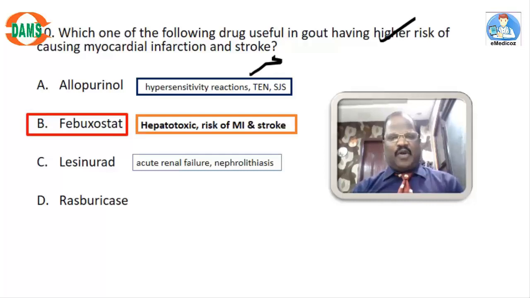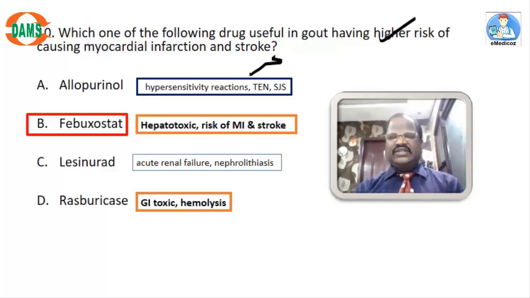This drug may cause acute renal failure and also has a risk of causing kidney stones, nephrolithiasis. And then rasburicase, a drug that promotes uric acid metabolism. This drug may cause GI toxicity like nausea, vomiting, and also diarrhea or constipation. Rarely, in a G6PD deficiency patient, this drug may cause a risk of hemolysis. So we should know some important drugs useful for gouty arthritis and their important toxicity. That finishes question number 10.